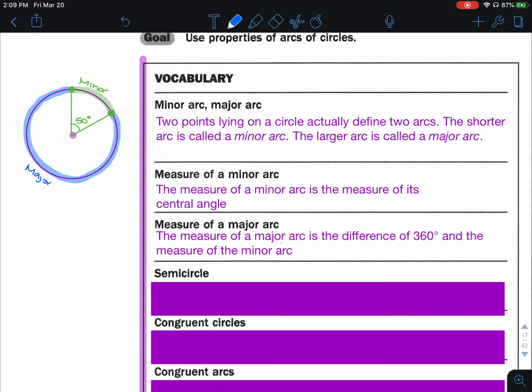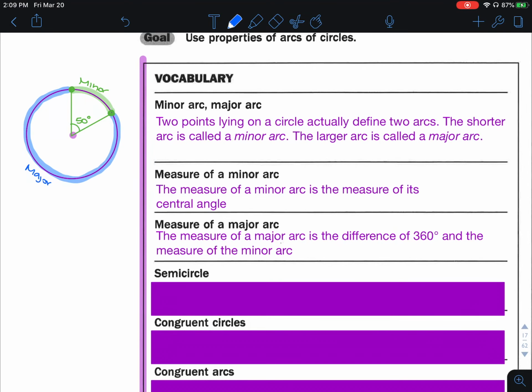So the measure of my major is just 360 minus my minor, which is 50. So the blue arc measure is 310. Okay, so my minor arc, or the green part, is just the measure of the central angle. And then my major arc is just 360 minus the minor, or the smaller part. Okay?